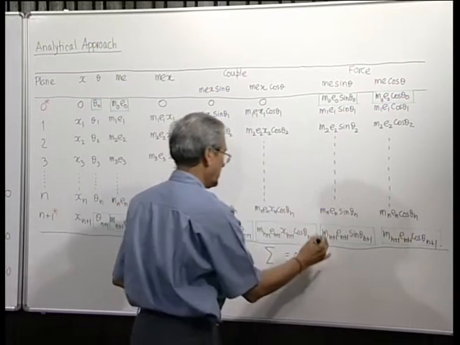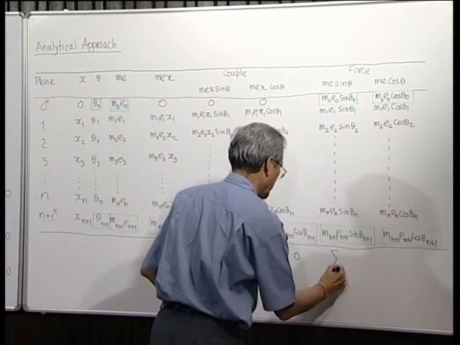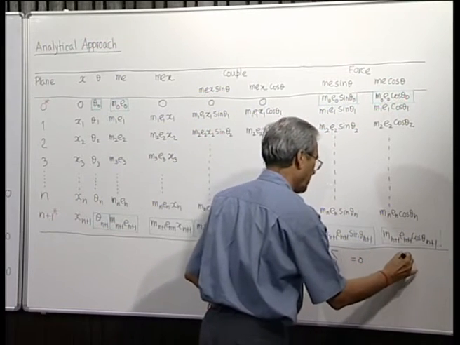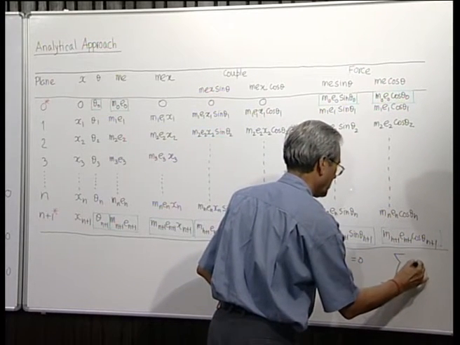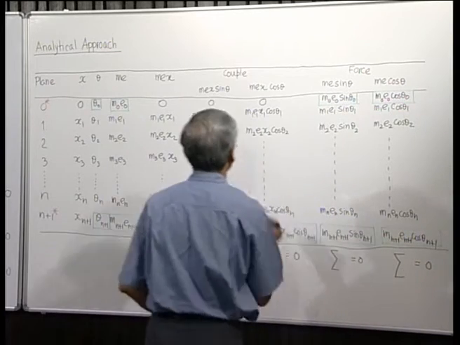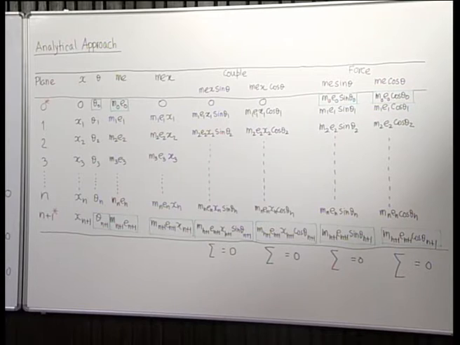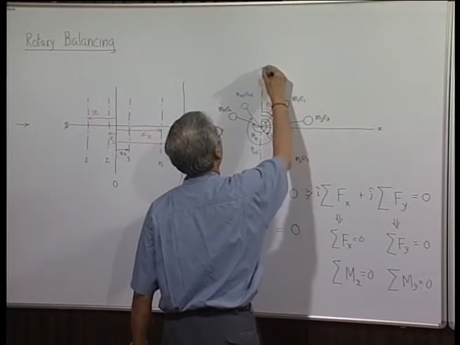This is the sine component of the force, should be 0. This is the cosine component of the force, should be 0. Here of course, we have taken this as the x and this as the y components.